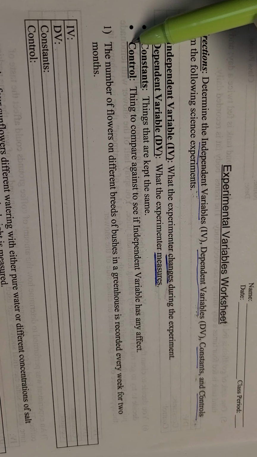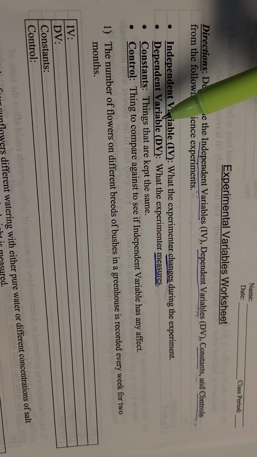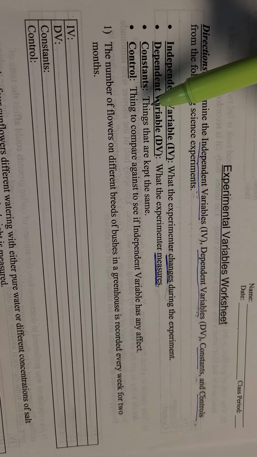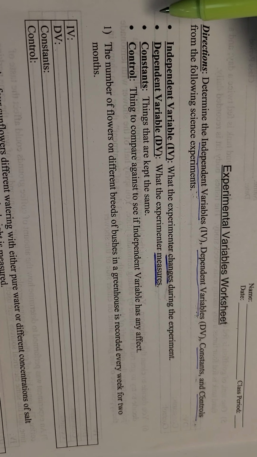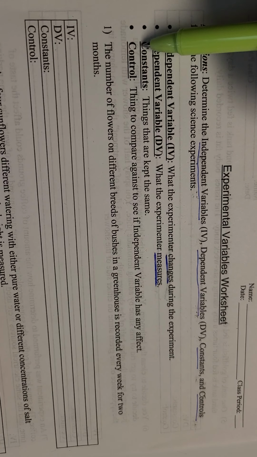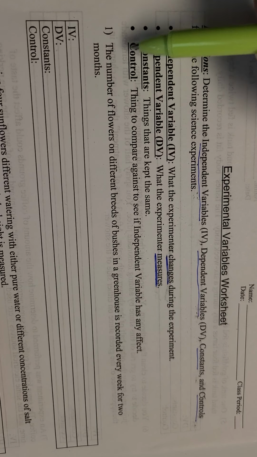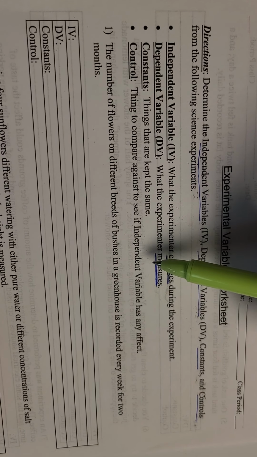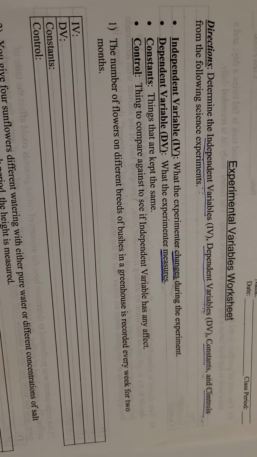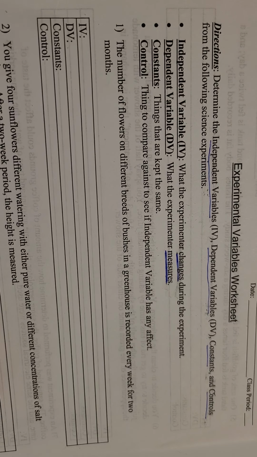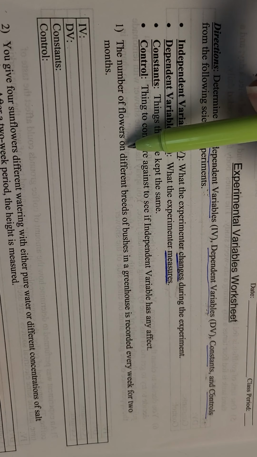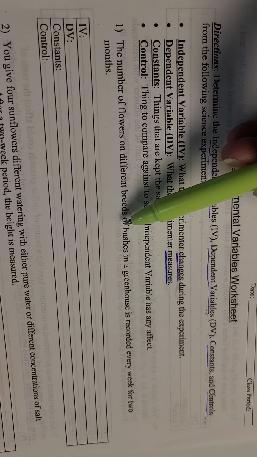And then a control, if you remember when I talked to you about the experimental group and the control group, you have to have something to measure your experimental group against. So that's going to be your control. It's what you measure the experimental group against at the end to determine if your independent variable has any effect or not.